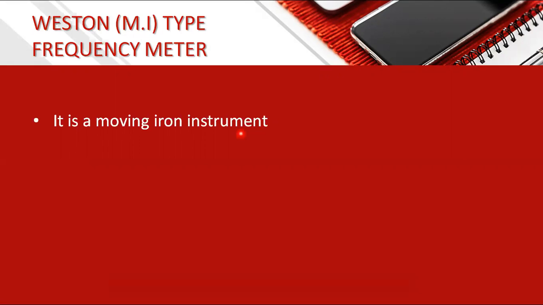So this actually hints us that we are going to have moving system as some iron piece, and we are also going to have a coil, but the coil is going to be stationary.